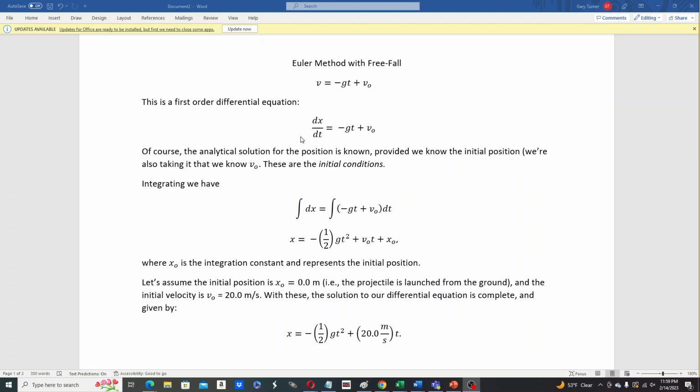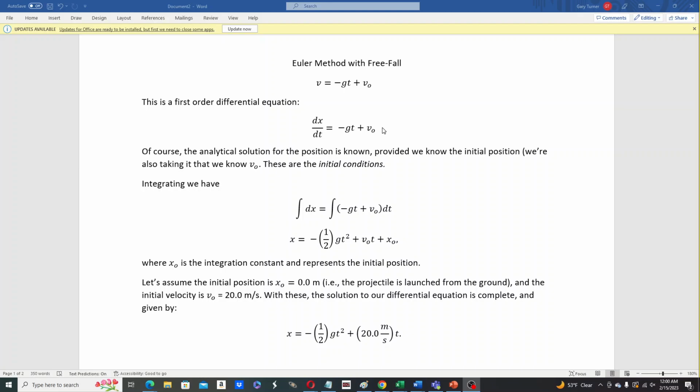On the right-hand side, your only variable is t, and your integration variable dt is on the denominator of the derivative. So we can just move dt up to the right-hand side, and we can integrate.